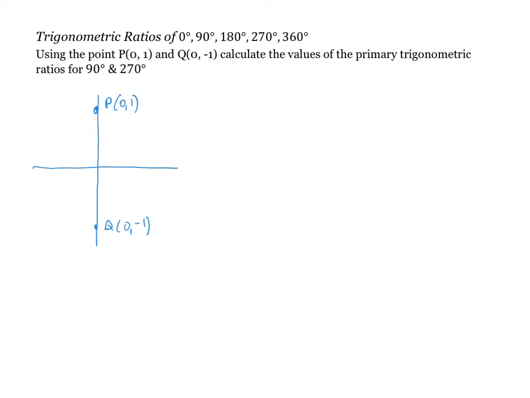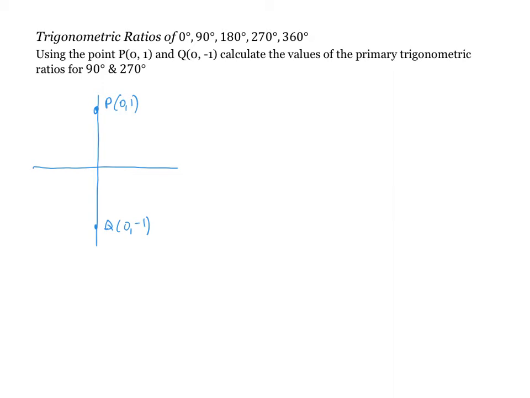We want to know the value of the primary trigonometric ratios for 90 and 270. So 90 would be up to here, and 270 would be all the way around. Okay, so let's look at these angles.